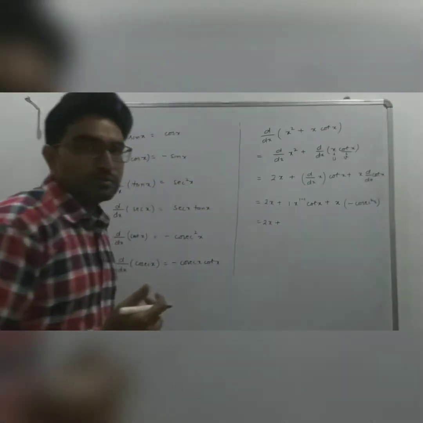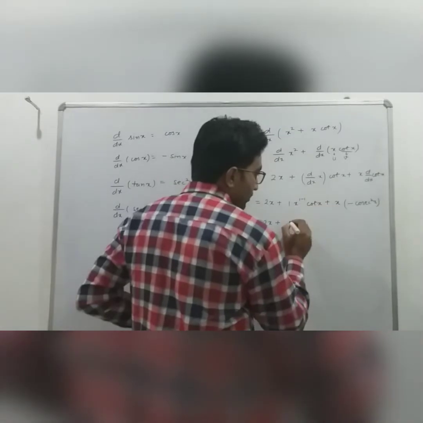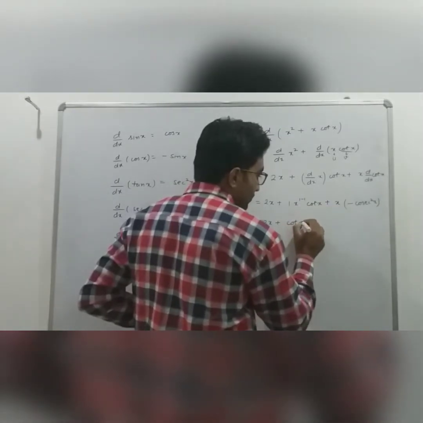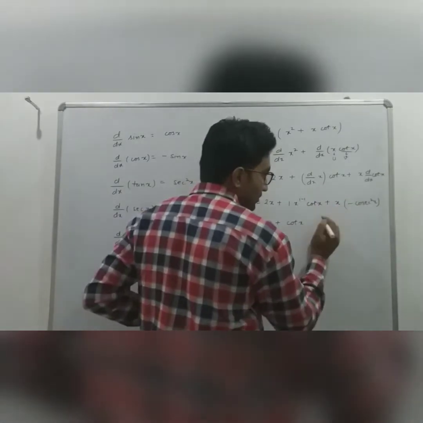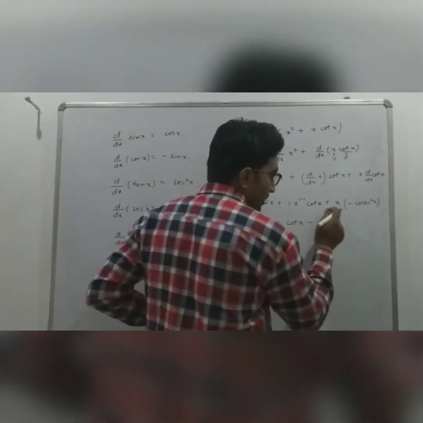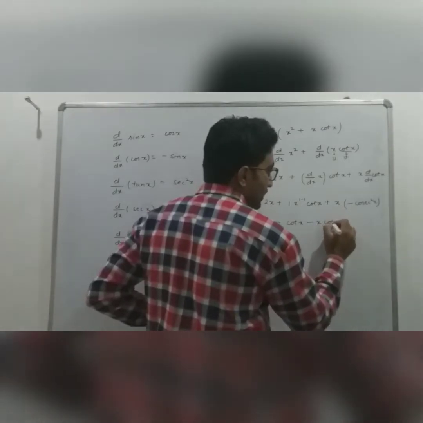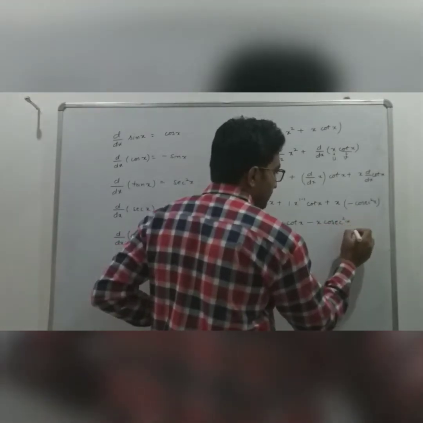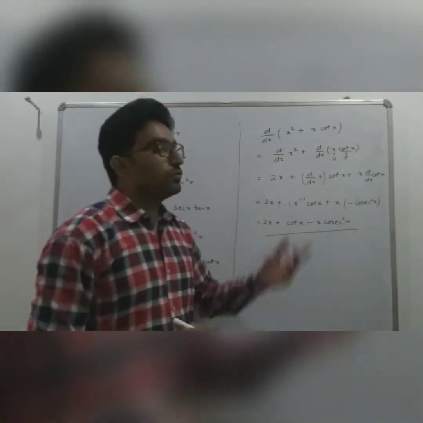Something power 0 will always equal 1. So we have here 1 multiplied by cot of x. It will again equal cot of x plus, the negative sign comes outside, x cosecant square x with a negative sign. So this is the differentiation of x square plus x cot of x.